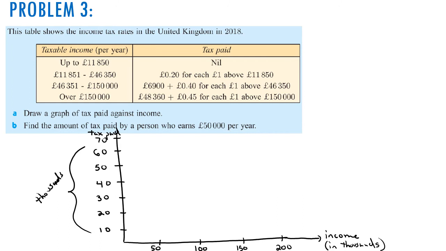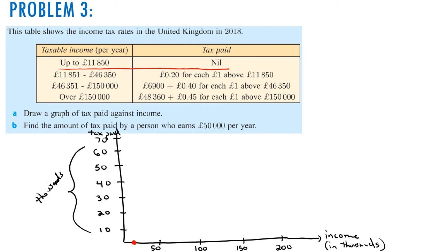Looking at our first row, it's letting us know that 11,850 pounds is paid nil, which means 0. So it will be about here. Okay, so that is that point. Now we're going to go to the next row.